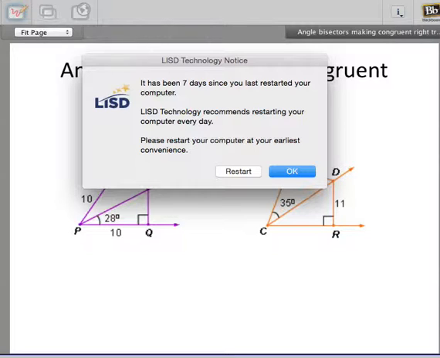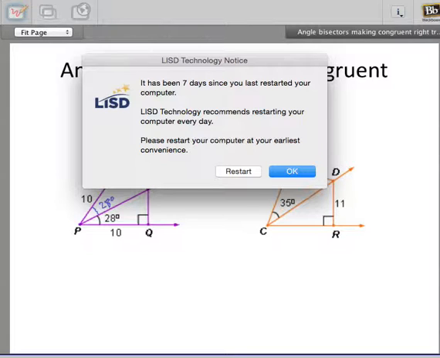Angle bisectors, remember bisect means to split into two equal parts. So I'm bisecting an angle. It makes congruent right triangles. So if you're given that this angle is 28, then I know this angle is 28 because it's an angle bisector. Angle SPQ would be the addition of 28 plus 28.